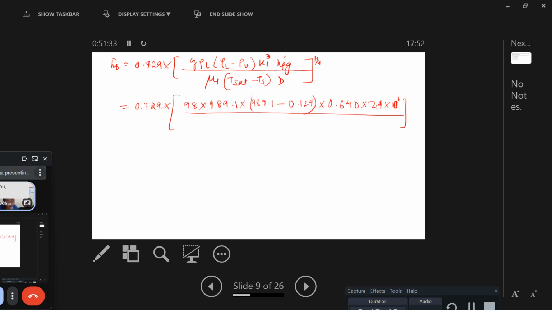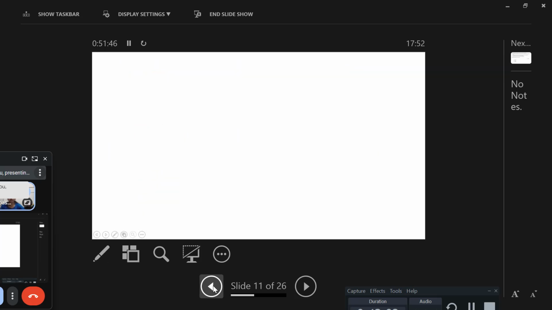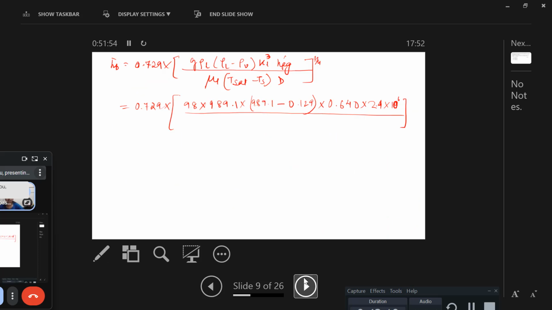Mu_L is given as 577 into 10 to the power minus 6.